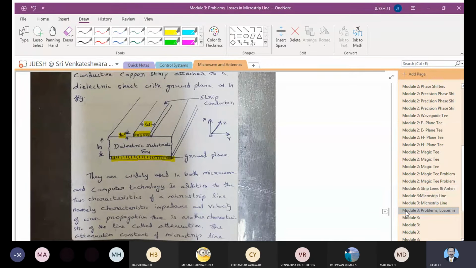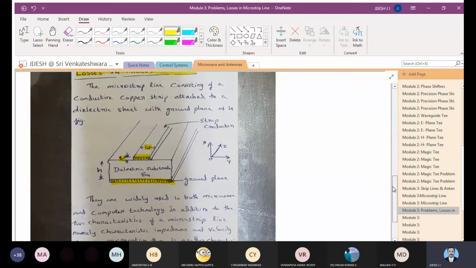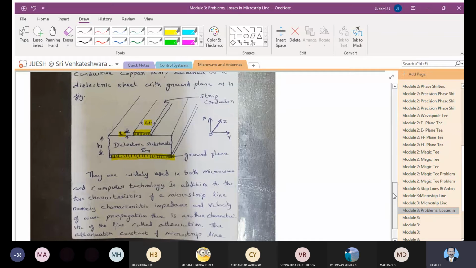Finished, sir. Okay. So this is what we are going to discuss here, the losses in microstrip line. We have understood that the strips are made up of copper and placed on top of the dielectric substrate, with a thickness of T and width of W. We also saw that the height of the dielectric is H and it is placed on the ground plane.